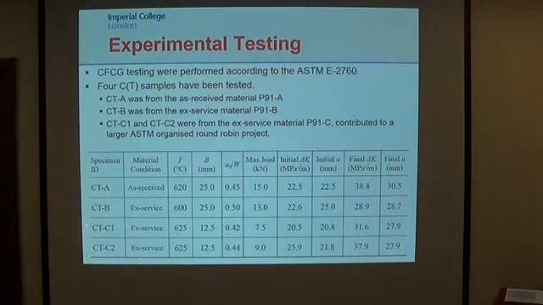So the CTC1 and CTC2 were fatigue cracked to a naught over W of almost 0.4. But for the other two specimens, the notch is created by the electrical discharge machining. And the initial delta K depends on the maximum load.